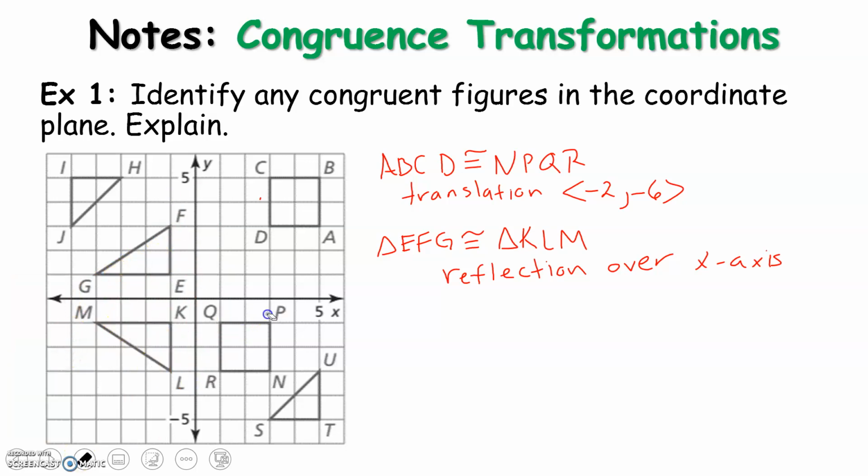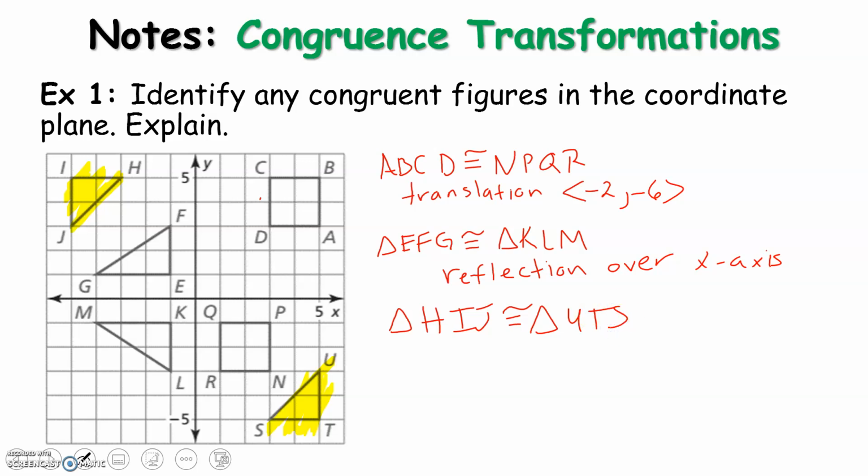All right, are there any others? We can see that there's one more. That triangle HIJ and triangle UTS are also congruent. So triangle HIJ is congruent to triangle UTS.